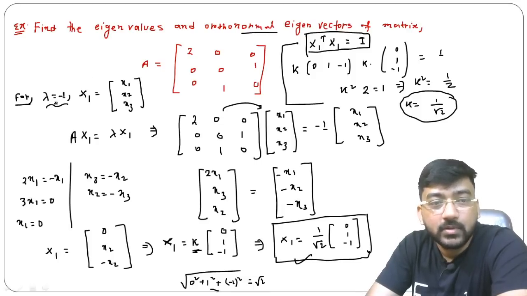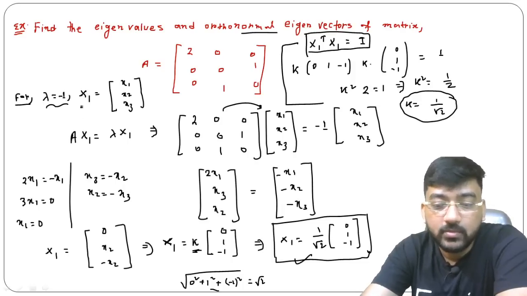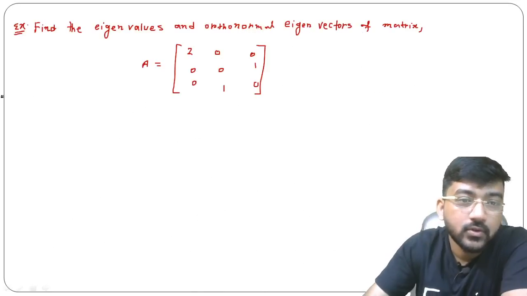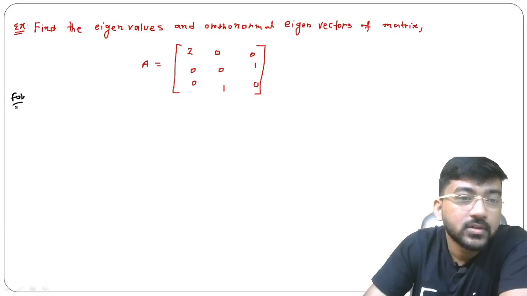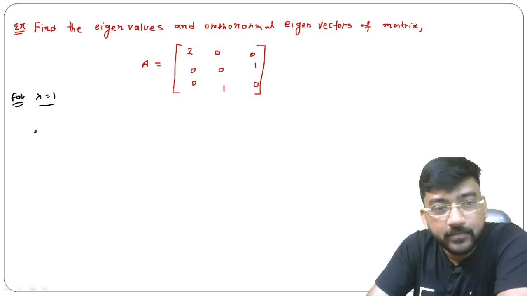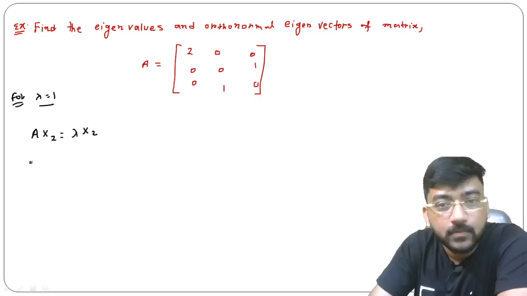Now for lambda is equal to 1, what will be our eigenvector? Let us take this as x2, so it will be A x2 is equal to lambda x2.